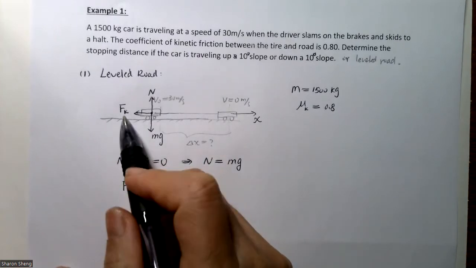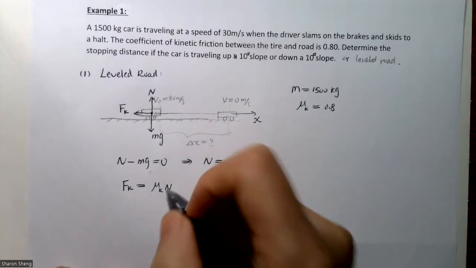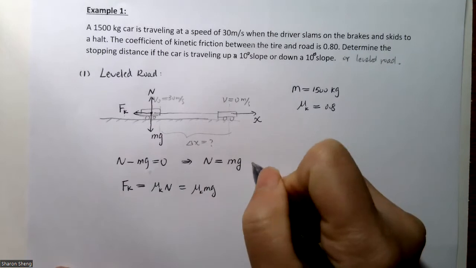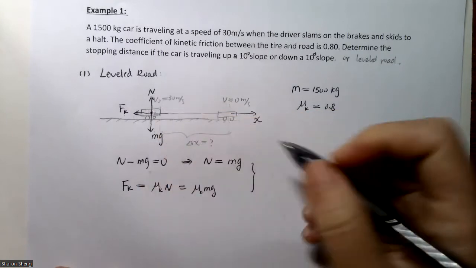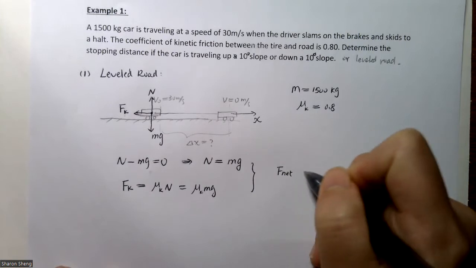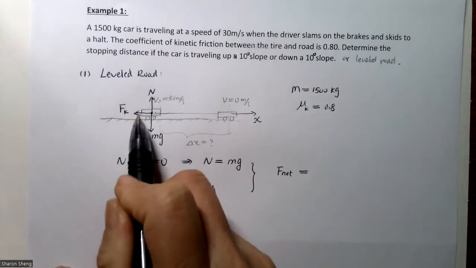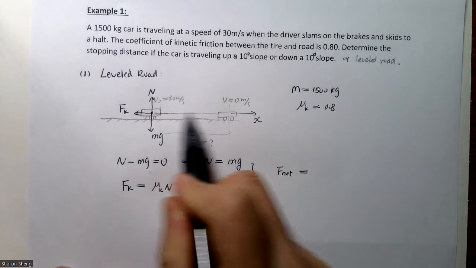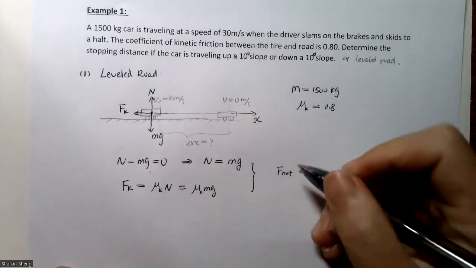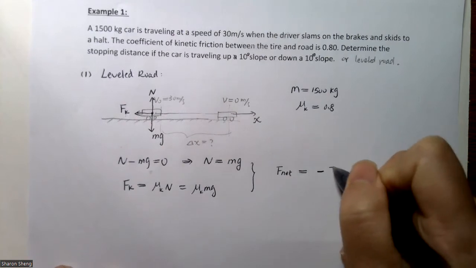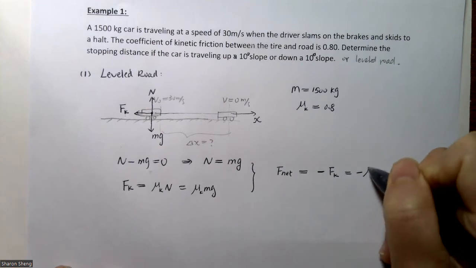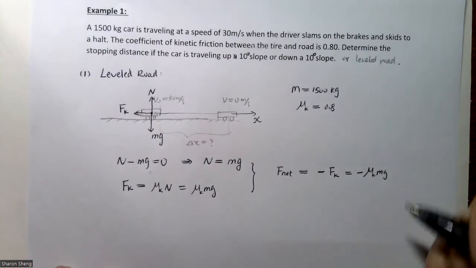If Fk equals mu k times n, which is mu k times mg, then when I look at the free body diagram, I find the net force along the x direction. The net force equals what? Fk is the only force applied in the x direction. Because it is pointing to the left, I make it negative. Negative Fk is the net force, which is negative mu k mg.